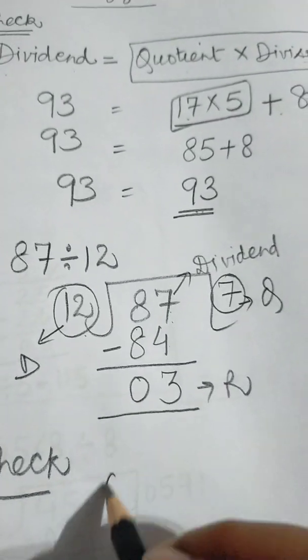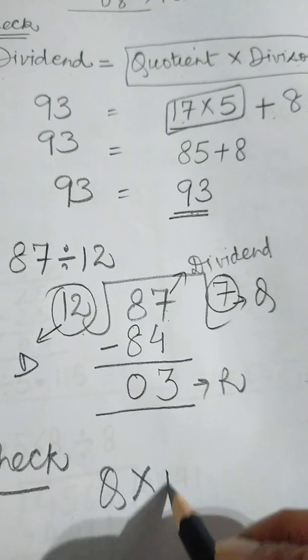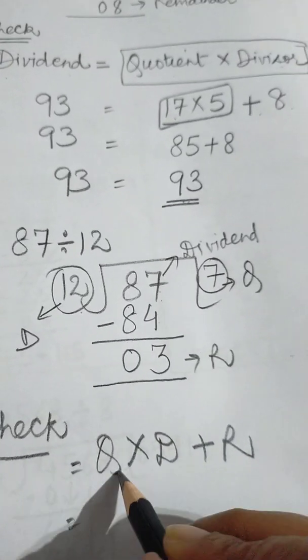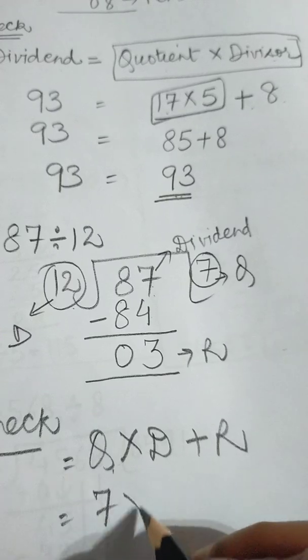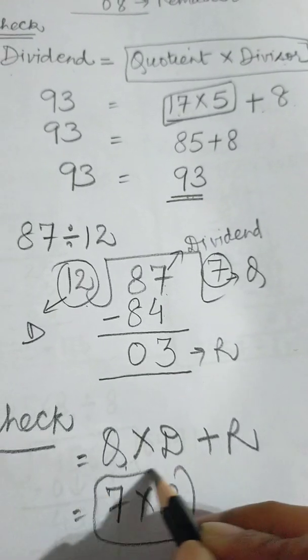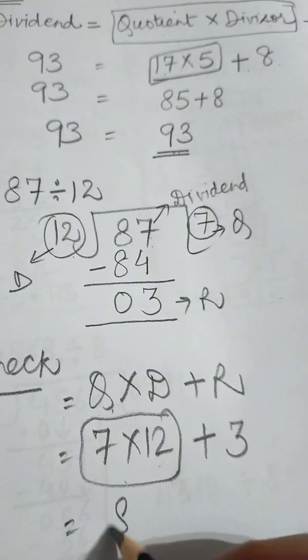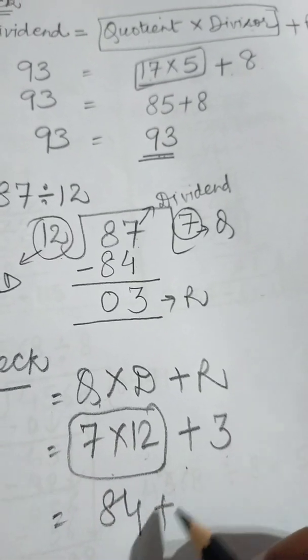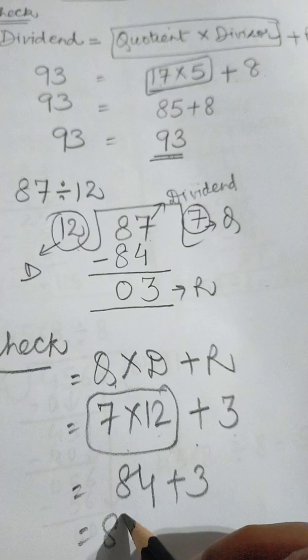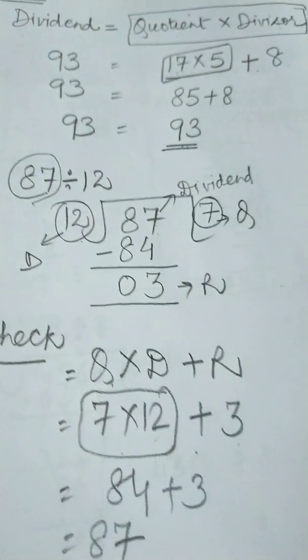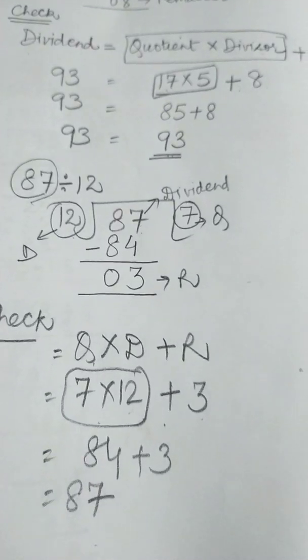Firstly quotient multiplied by divisor plus remainder. Quotient is 7 multiplied by 12. 12 sevens the 84 plus 3, we got 87, and in the question it was given 87, which means our calculation is right.